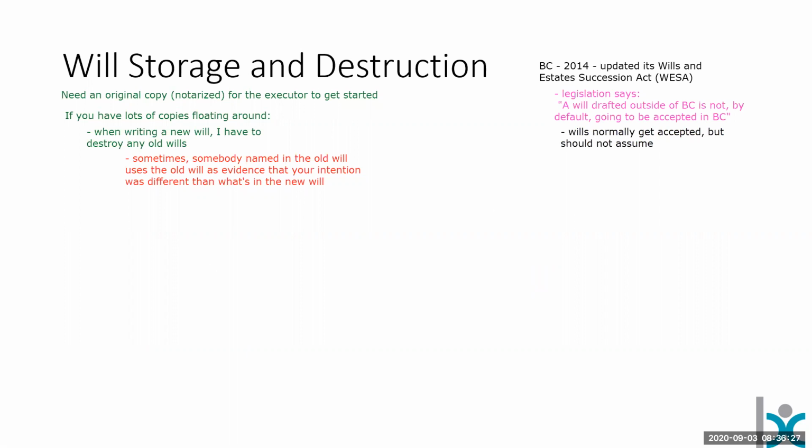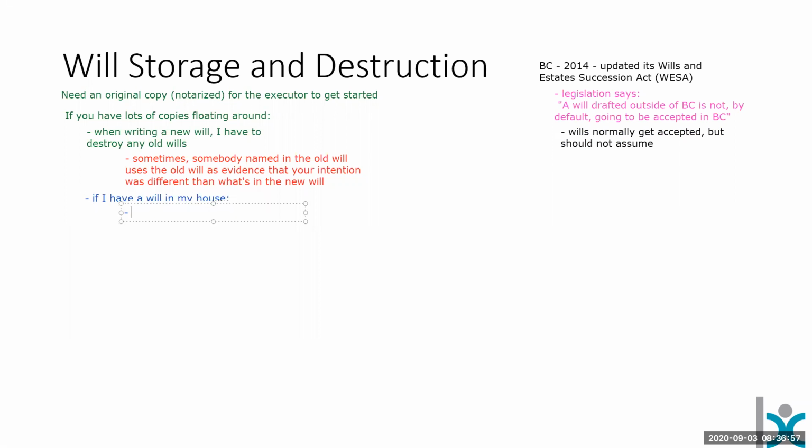All right, just pop back to will storage and destruction. And we're going to talk about BC here again in a moment, which is what prompted me to bring up that point. So this is where you get this challenge with how do I make sure that there's going to be a will without having wills everywhere? So the concern here, if I have a will in my house, okay, so I have a will in my house and that's where the will is.